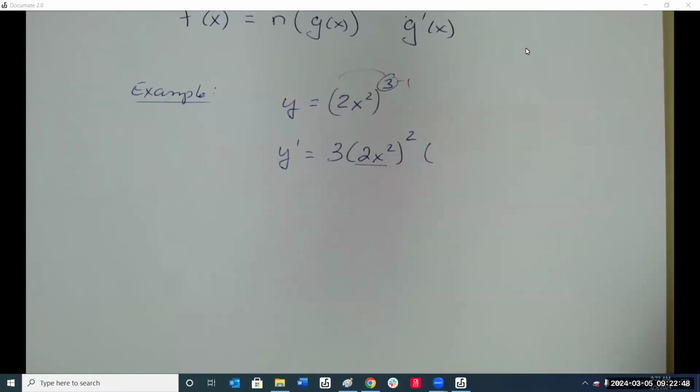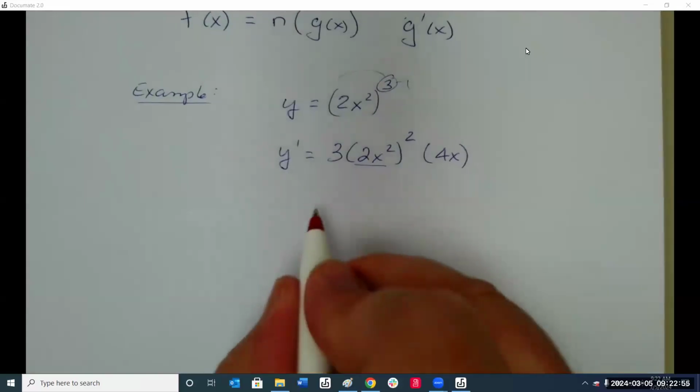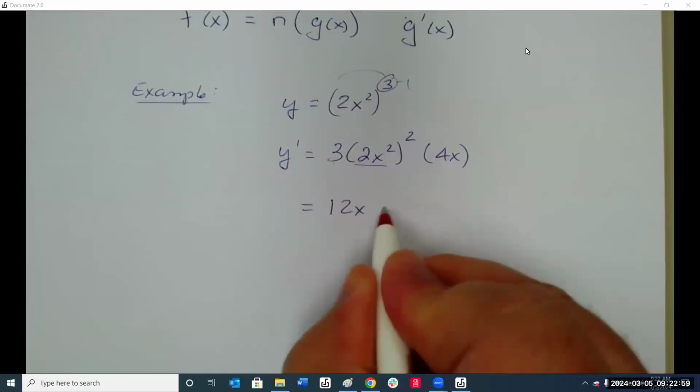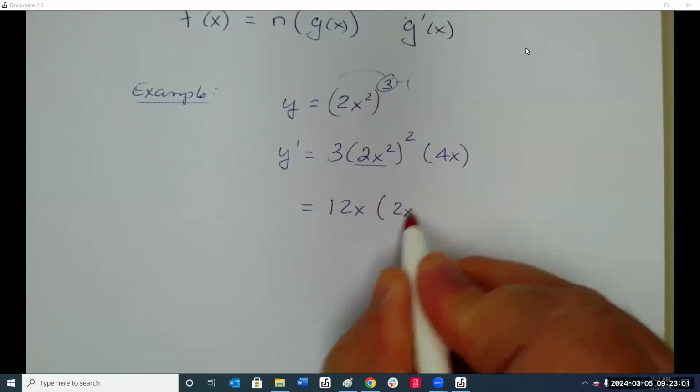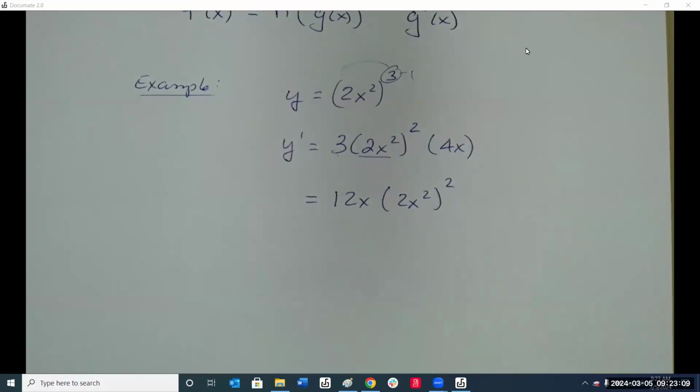What's the derivative of 2x squared? 4x. Multiply what you can. 3 times 4 is 12x, 2x squared squared. Which we could have looked at another way, but that's the way you do it.